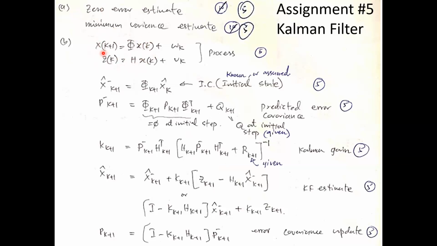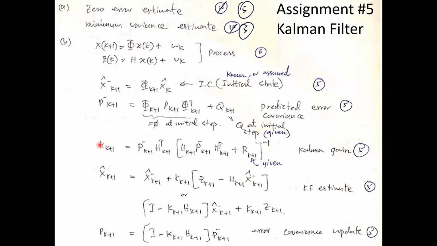You have a model here, and using the model you calculate xk plus 1 estimate, and also using the sensor, you sense it, you measure it. So you have the model prediction of the state, and also you have the sensor reading of the state, right? Two values for the same quantity.